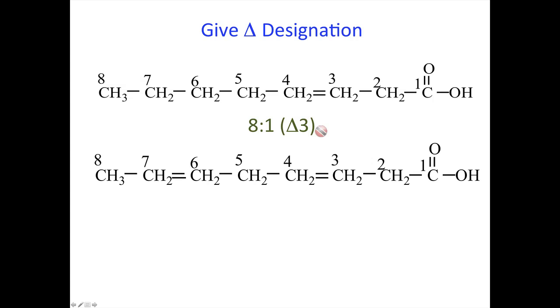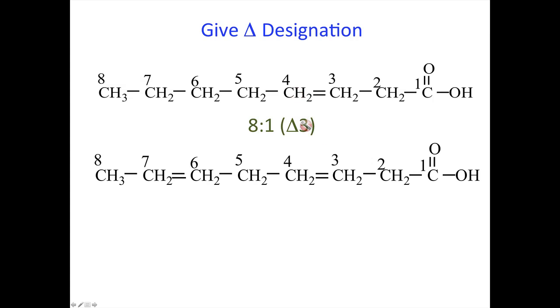So it means that if I give you this, you should be able to draw the structure above here, all right? Because you would know from this nomenclature, this delta designation, that 8 means that there are 8 carbon atoms. There will be 1 double bond, and the double bond will be between carbons 3 and 4.